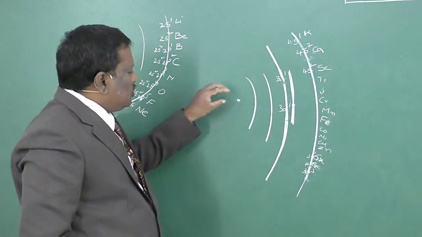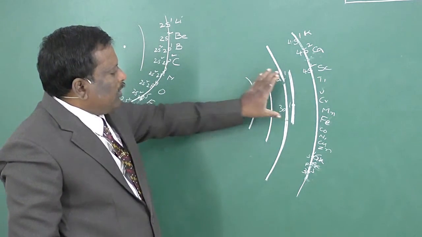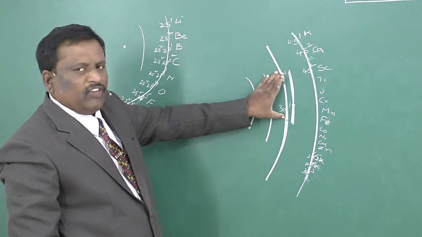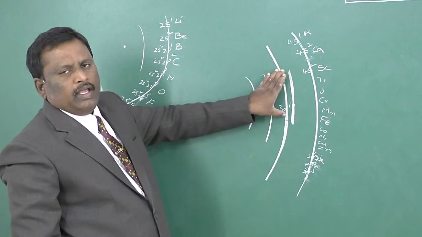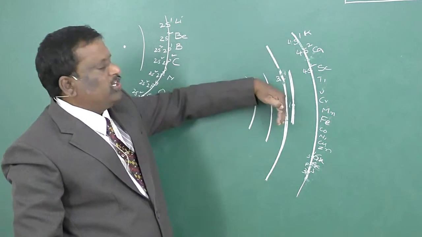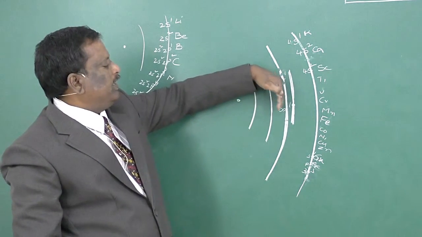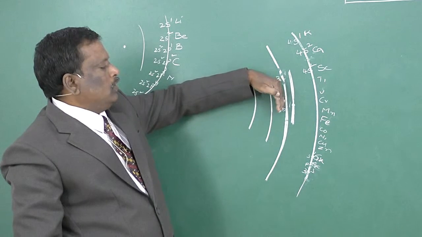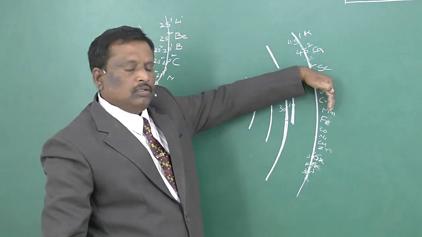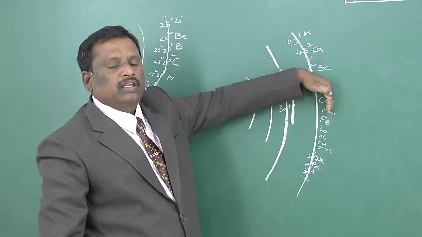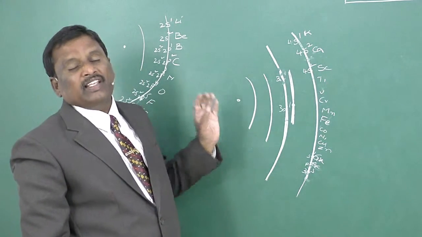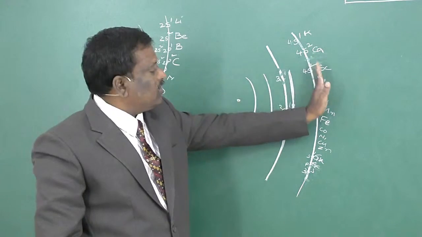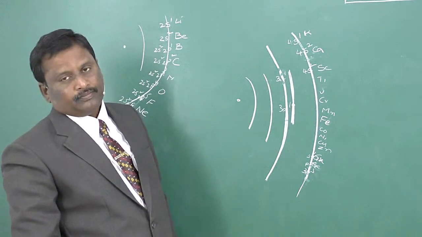So though nuclear charge is increasing, because of the screening effect or shielding effect of these electrons entering the inner shells, the valency electrons are not affected. That means the increase of nuclear charge has no effect on the valency electrons.